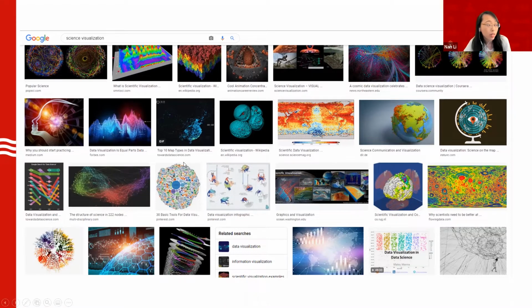You can see many different things here, ranging from super colorful, sophisticated science visualizations that you can only see in science journals to infographics, icons, photos, and data visualizations that are more accessible to a layperson.